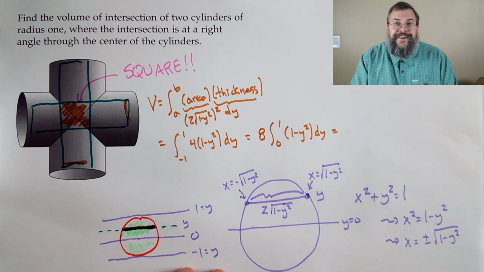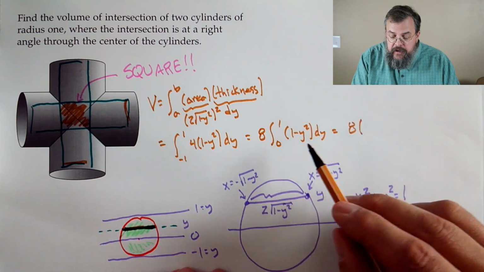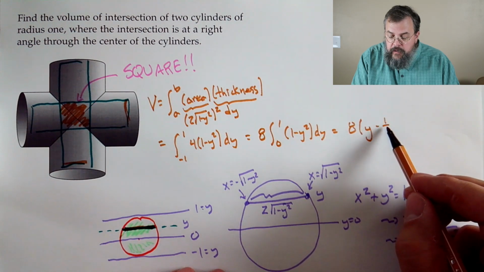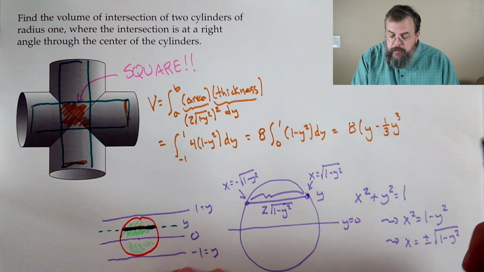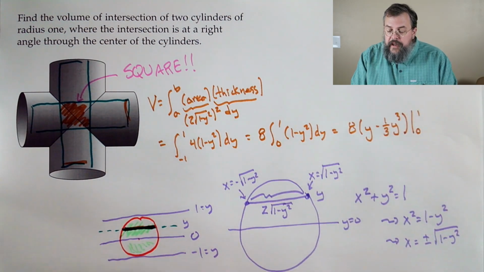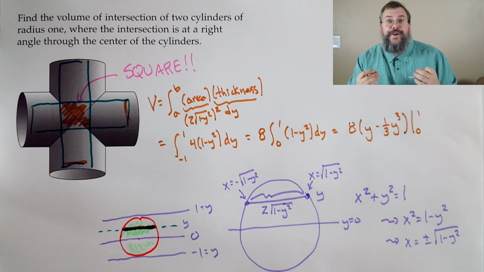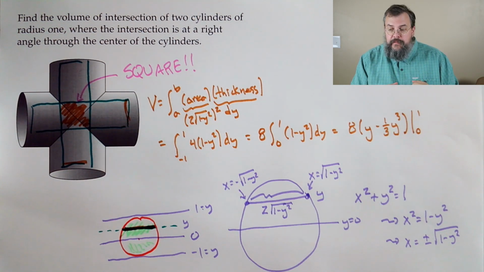That's a polynomial, one of our favorite things to integrate. So we have 8, integral of 1 is y, integral of y squared is y cubed over 3. So y minus 1/3 y cubed, evaluate from 0 to 1. Now the nice thing is because we have 0 involved, 0 is wonderful to work with. And as often as you can, you should think about how can I get 0 involved in my problem?